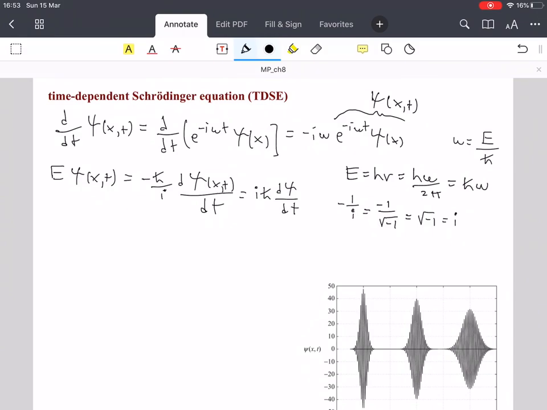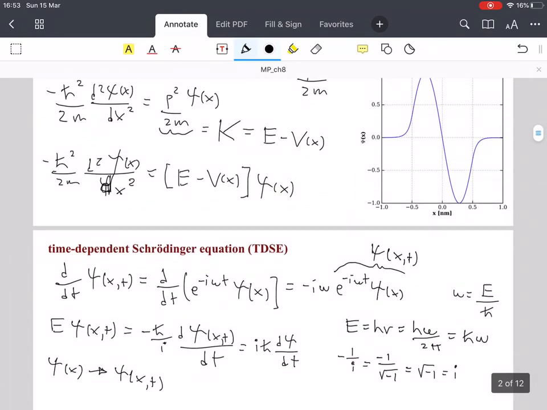Now what we can do is replace that in the time-independent Schrodinger equation. And what we need to do, of course, is that where we had psi of x, this is now going to be, we're putting back in the time dependence.